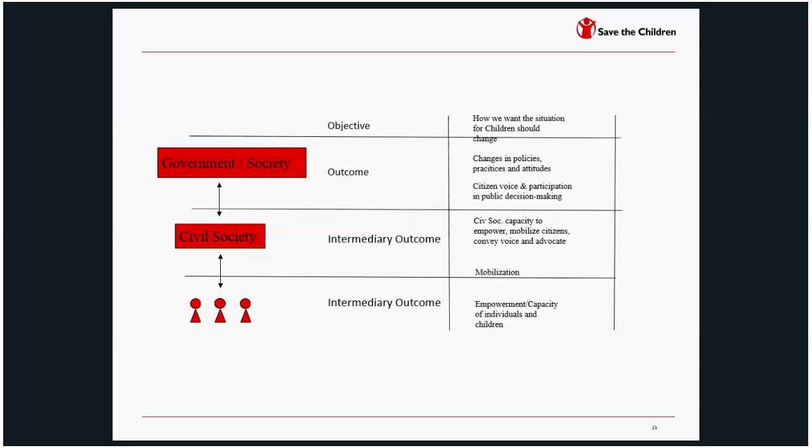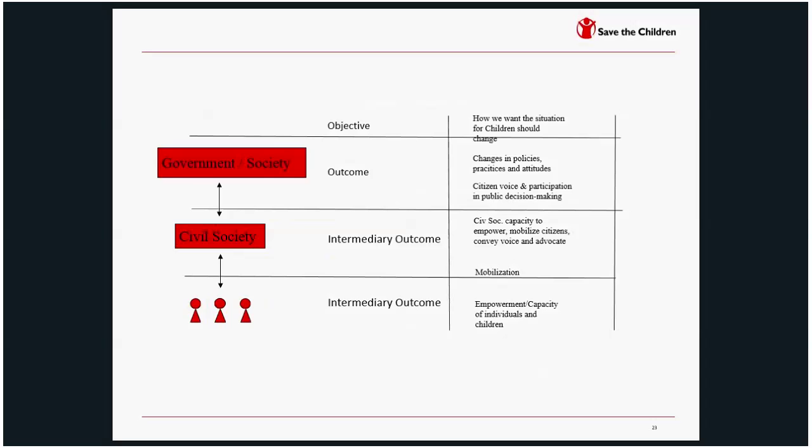So your objective, the first question that you need to ask is how we want the situation for the children to change. And that could be your objective, and that could be your goal. And in terms of outcome in relation to that, what you want is changes in policies and practices at a societal level. What is the change that you're looking at when you're looking at different outcomes and different components of the program?